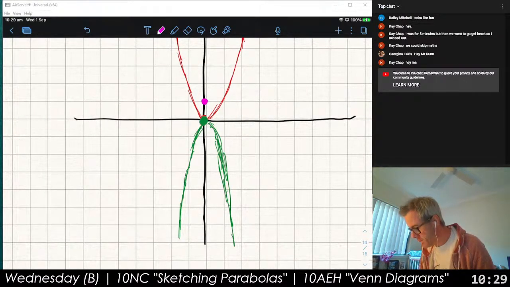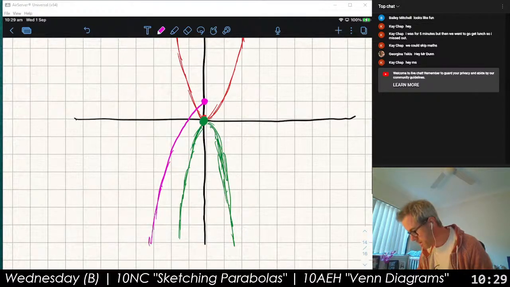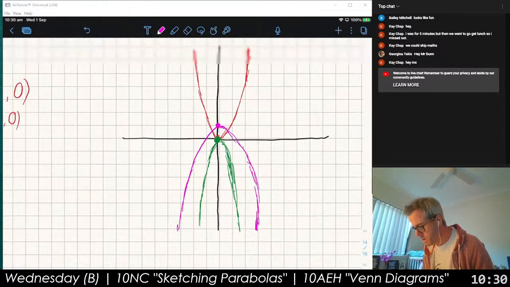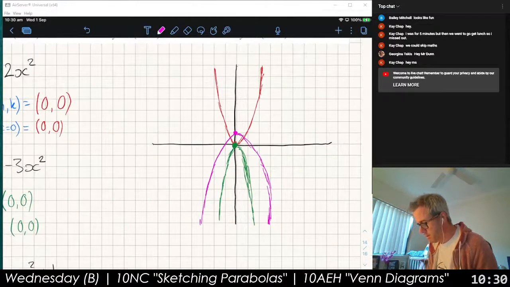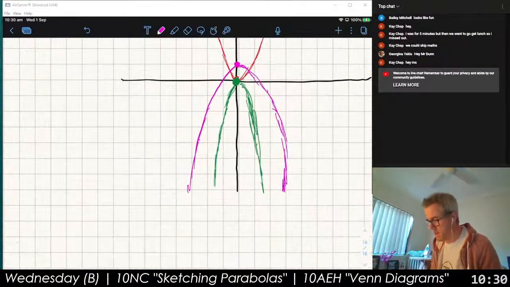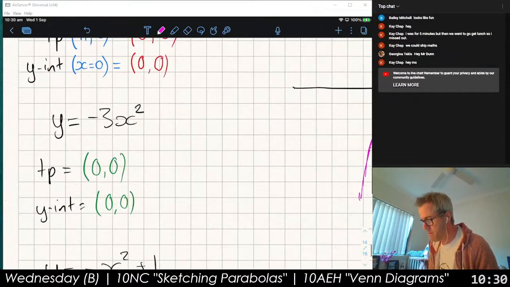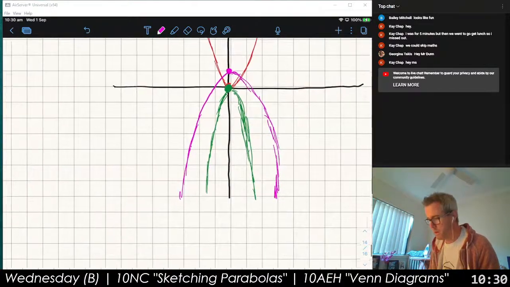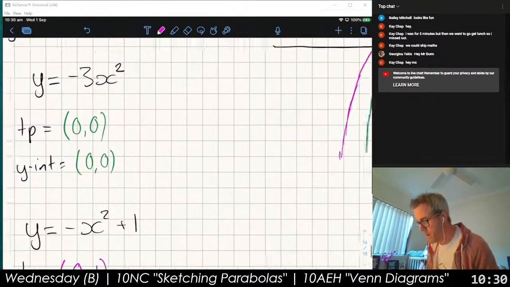And then it's just my regular formula like that. So it just kind of looks like that. Did I do that right? Yeah, I think I did that right. It's pretty close, right? So as you can see, it's much wider than my green value here, my negative 3x squared, of course, because I've got a value of 1 at the front.